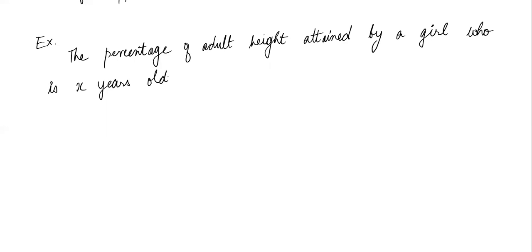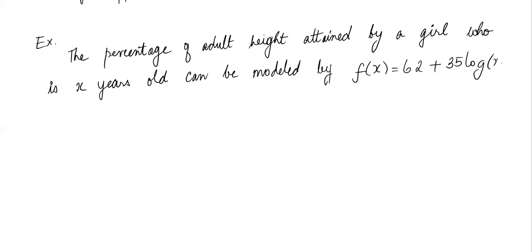The percentage of adult height attained by a girl who is x years old can be modeled by f of x equals 62 plus 35 log x minus 4, where x represents the girl's age.